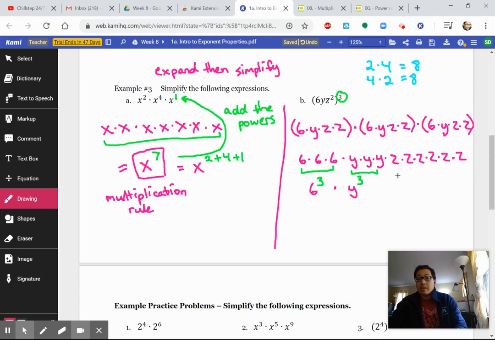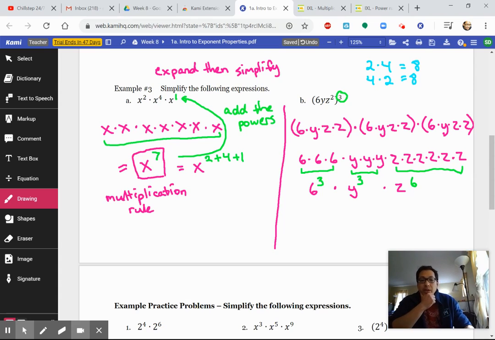And then z, how many z's are there? We said there were 1, 2, 3, 4, 5, 6. There were 6 z's.